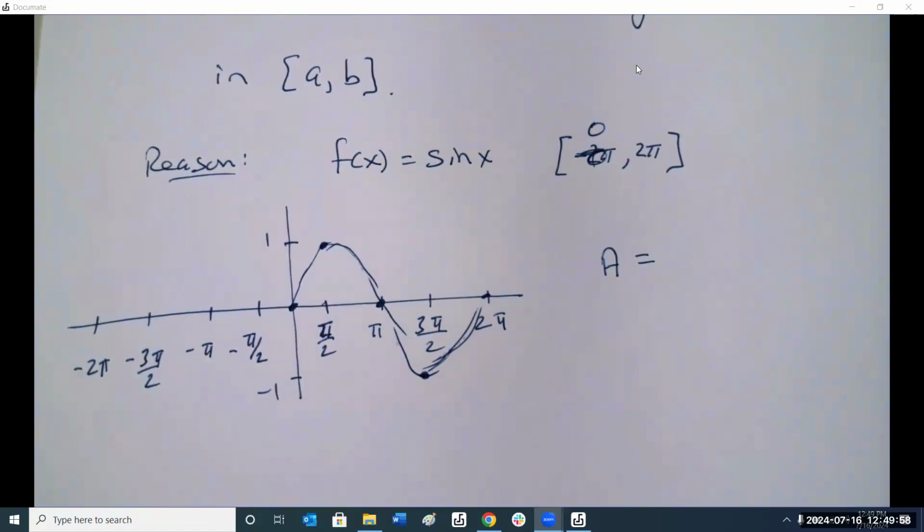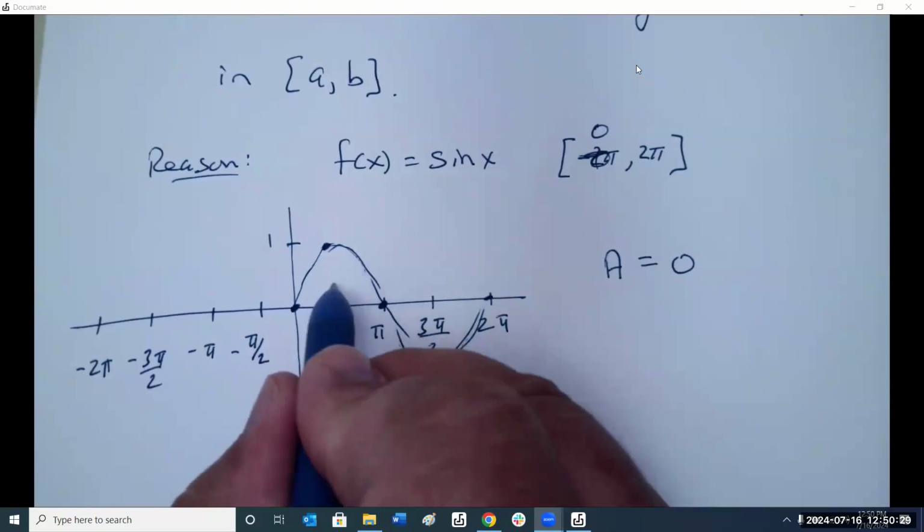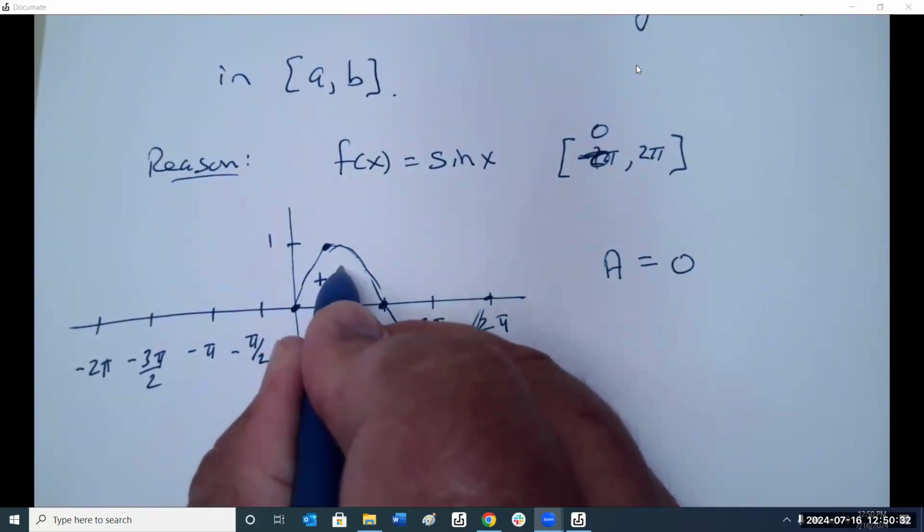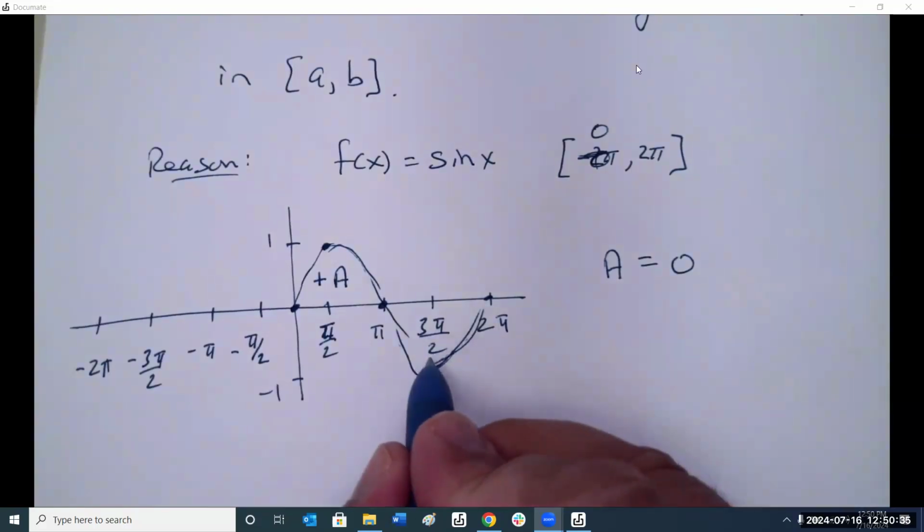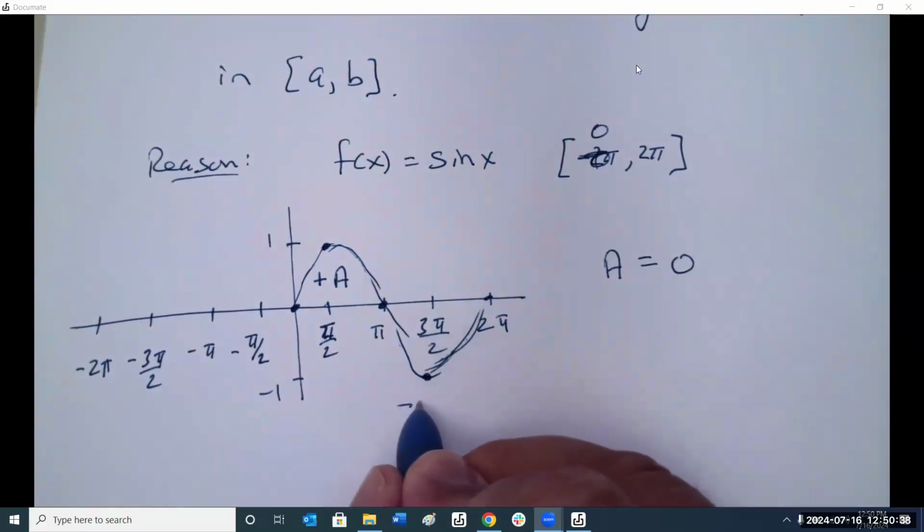If we looked at the area of this function from 0 to 2 pi, you know what the area would be? The area would be 0. And here's the reason why. You notice this area up here is positive. This area is below the x-axis, so that area is negative.